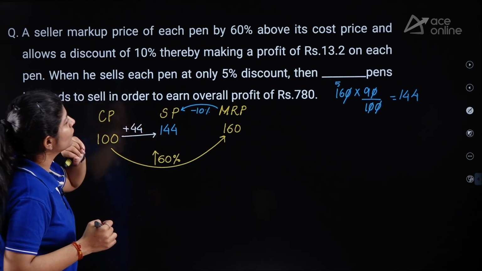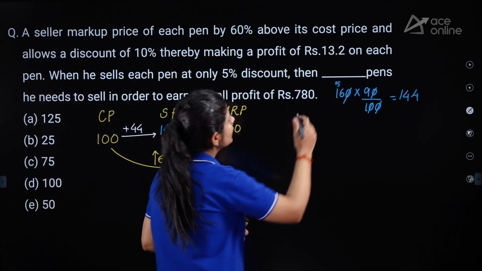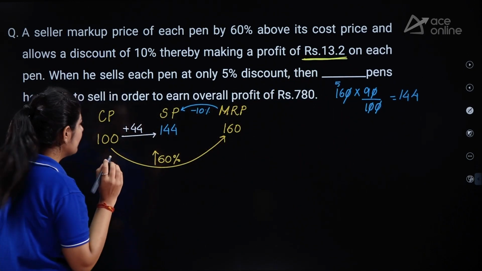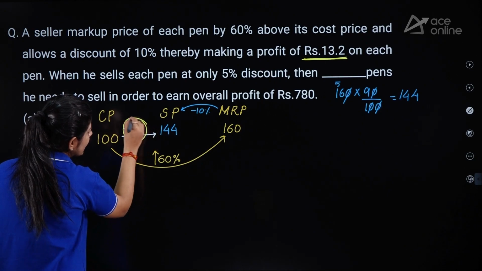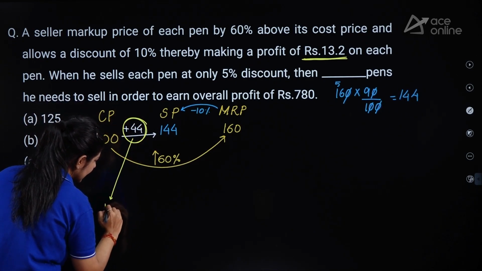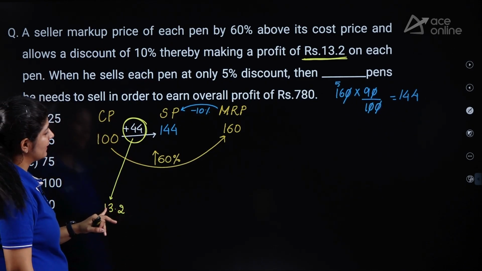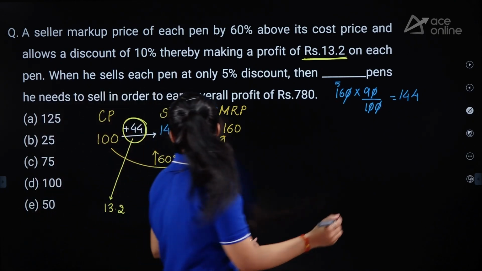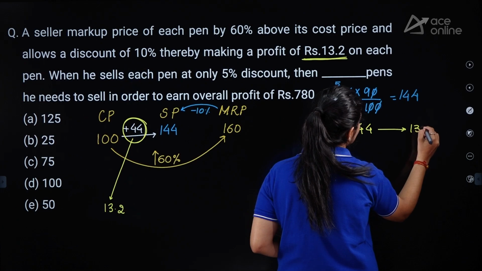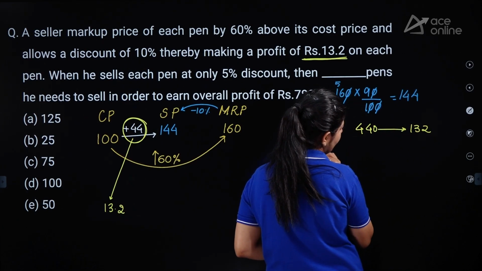But according to the question, I am only able to make a profit of 13.2. That means the actual value of this 44 is 13.2. So we calculate: 44, the actual value is 13.2.